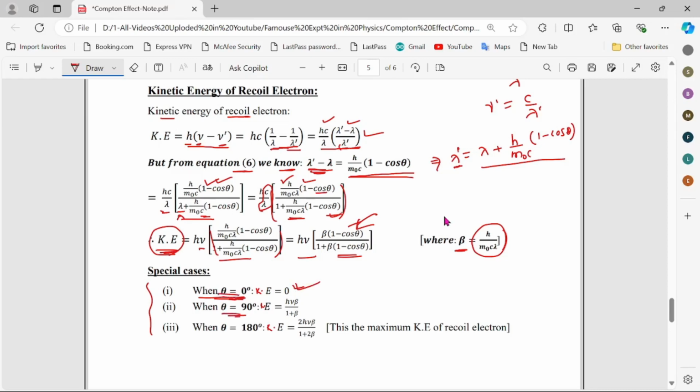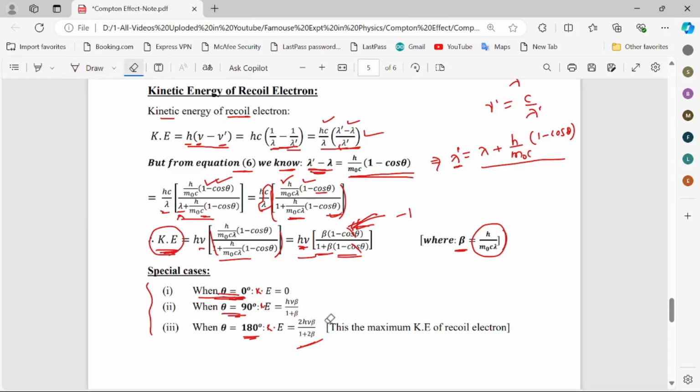For 90 degrees, if I put cos 90 is 0, so this term will be 0, and we get hν β by 1 plus β. Substituting 180 degrees, cos θ will be minus 1, so this becomes plus, so 2β by 2β, and with hν we get 2hνβ by 1 plus 2β.